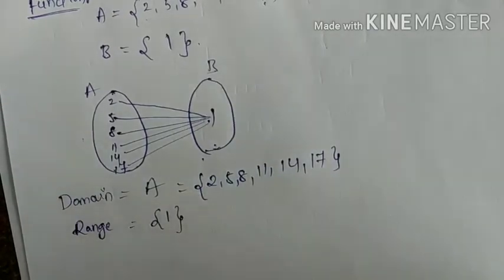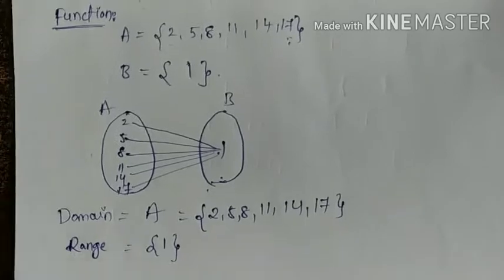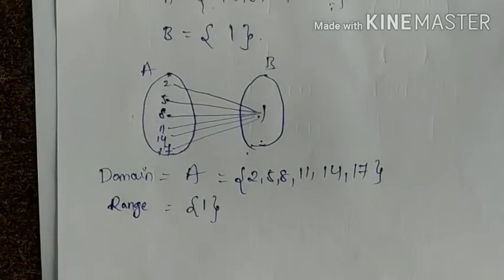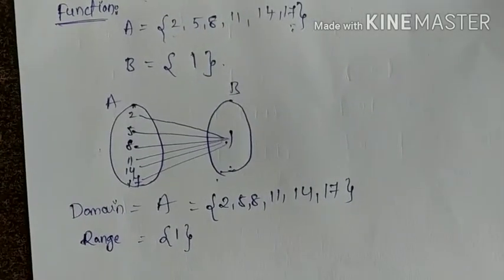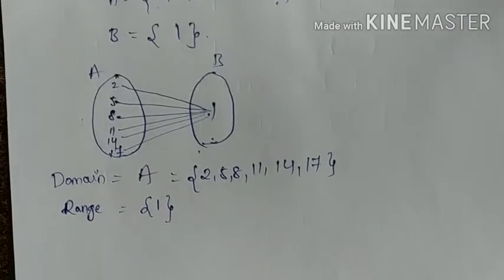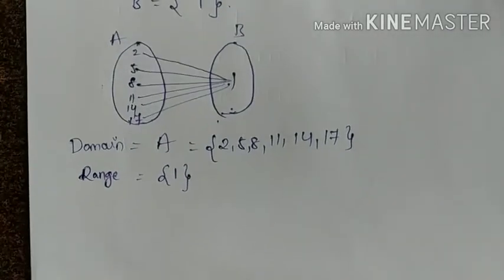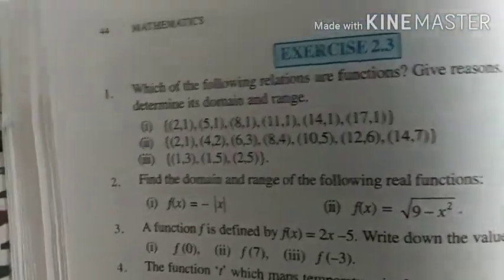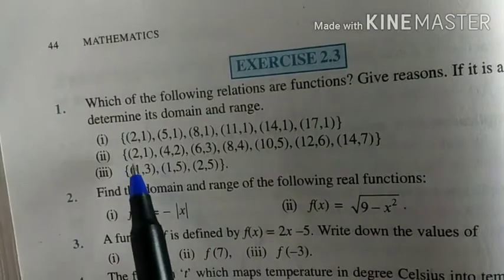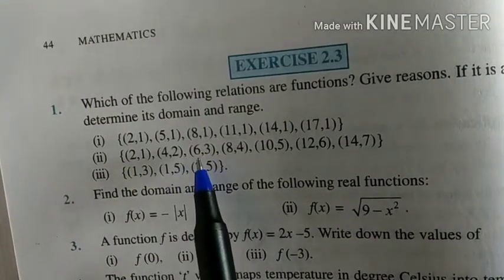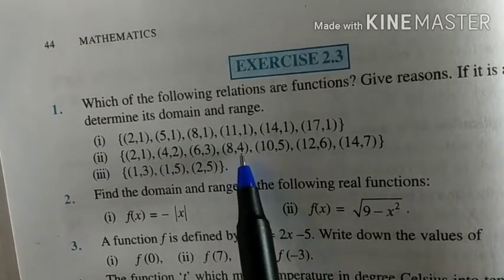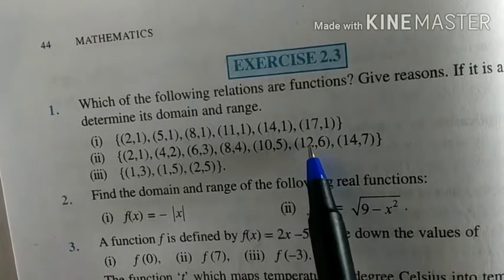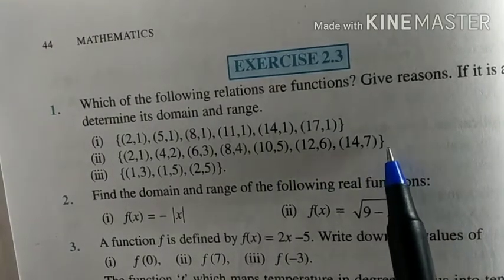Clear? Okay, in this way you have to check the given relation is a function or not. Okay, and in that second problem 1c, so here the second one is given, that is (2,1), (4,2), (6,3), (8,4), (10,5), (12,6), (14,7).